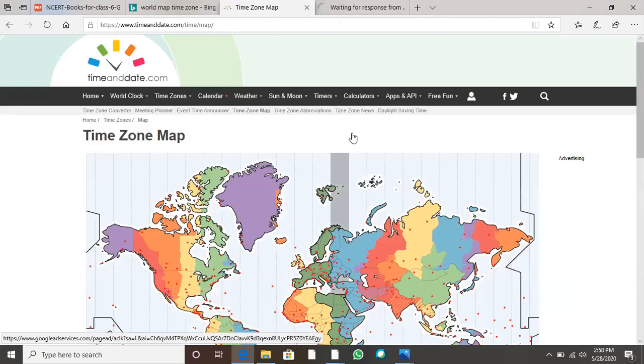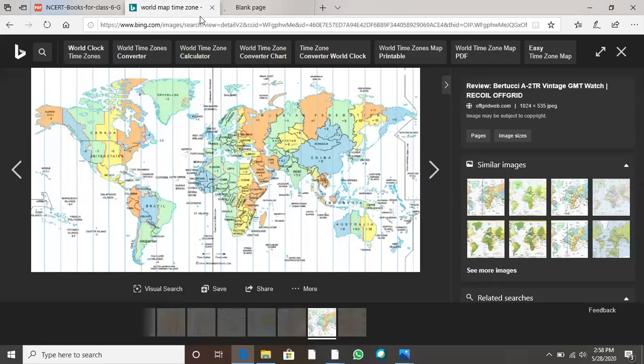Okay, so here you can see this is the time zone map of the world. Okay, let's take this one only.